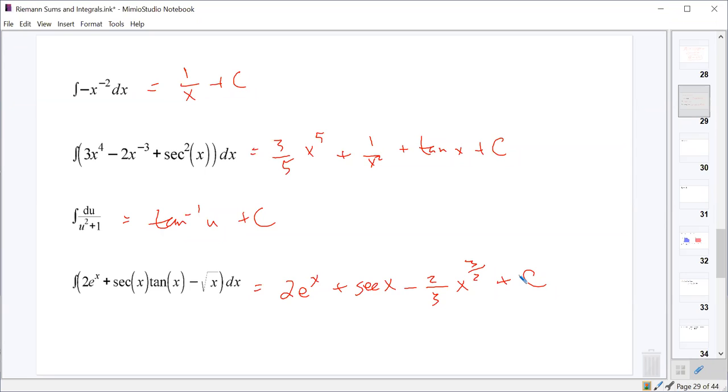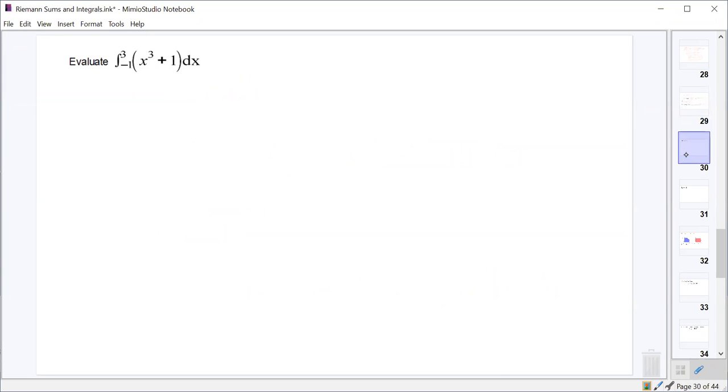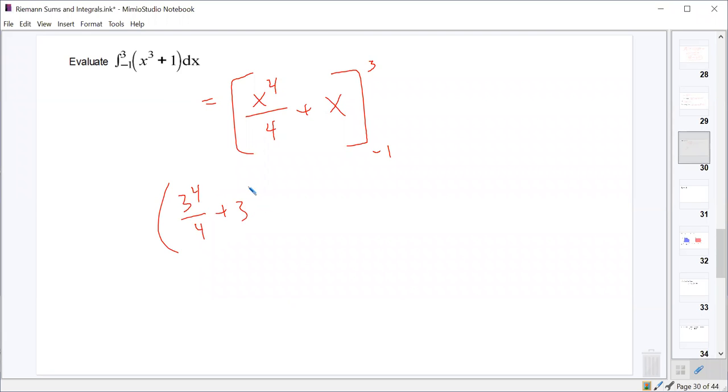Good. Cool. All right. And what if we want to evaluate this with a definite integral? All we have to do is find the actual function, the integral, x to the 4th over 4 plus x. And then instead of adding a plus c to it, we will just evaluate it from -1 to 3, which means we'll plug in 3 to the 4th over 4 plus 3 minus -1 to the 4th over 4 minus 1.